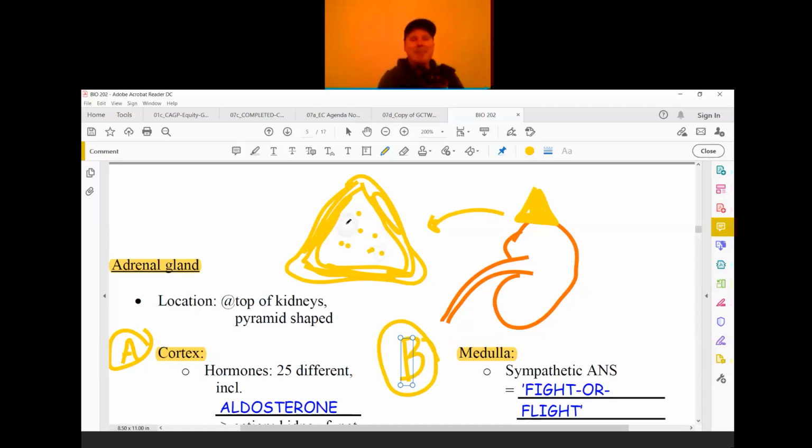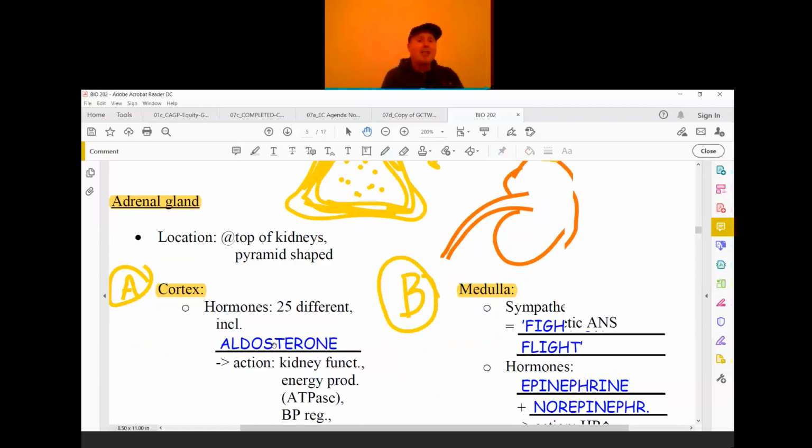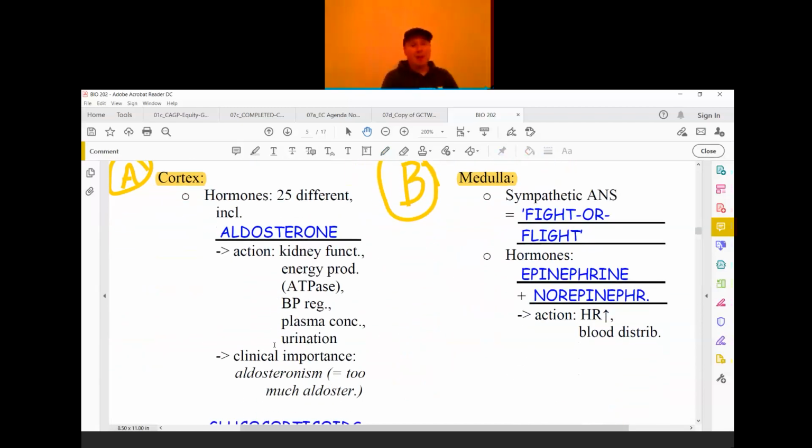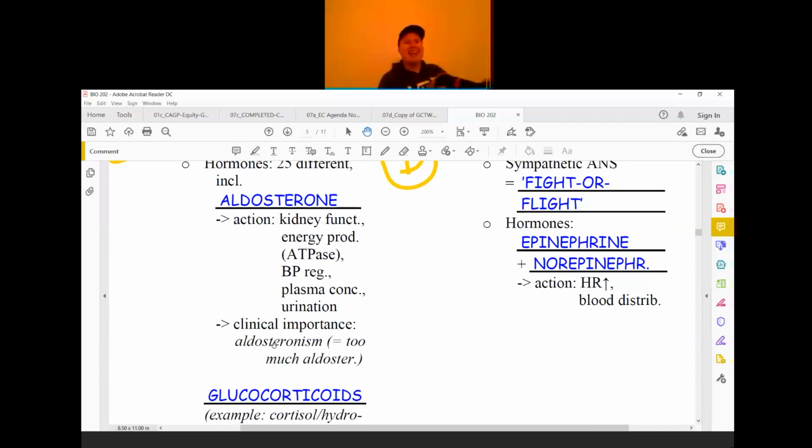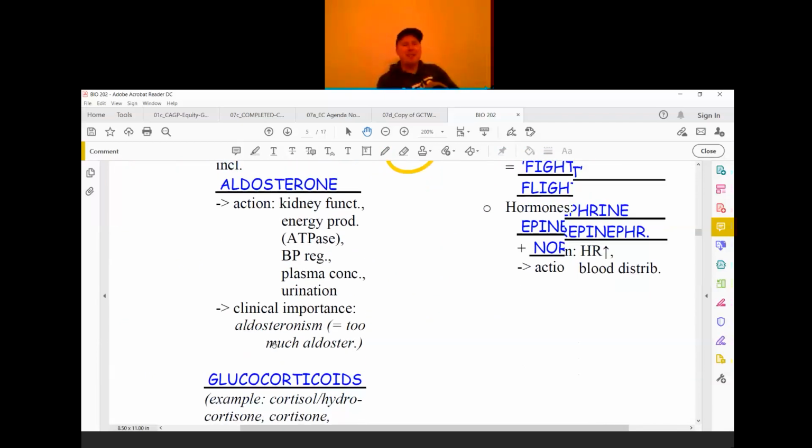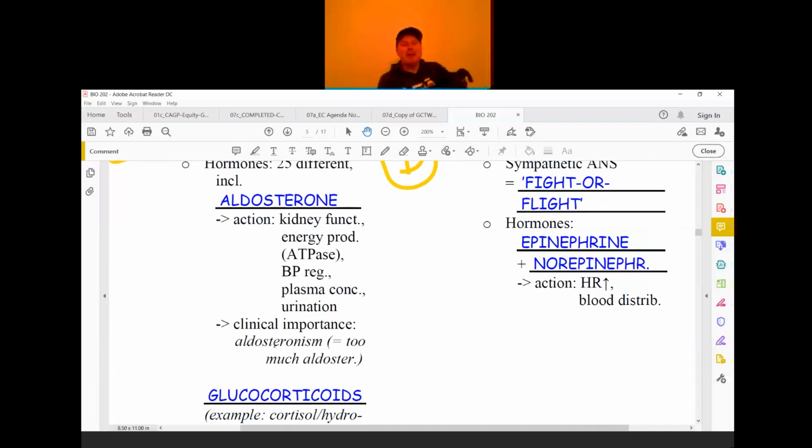So you'll see the medulla here. Let's start with the cortex first. There are actually 25 different hormones secreted from the cortex of the adrenal gland. I'm only asking you to know two groups, because I've bundled up a bunch of them together.